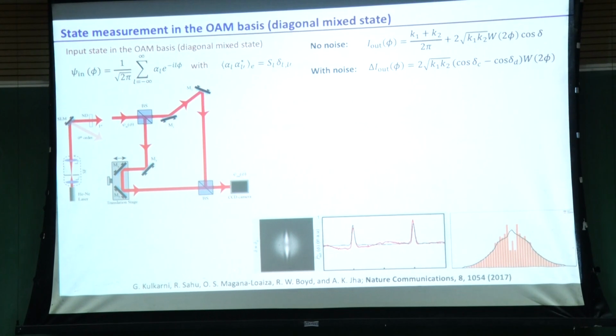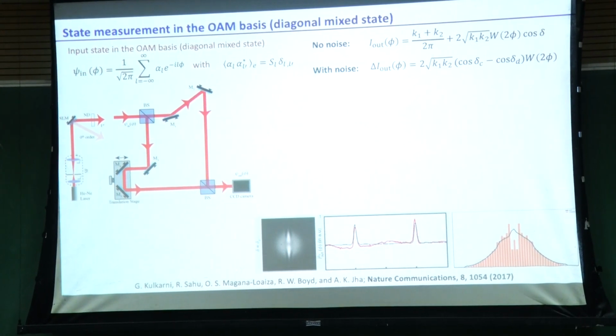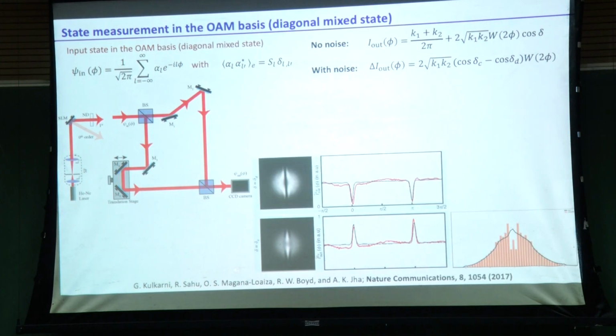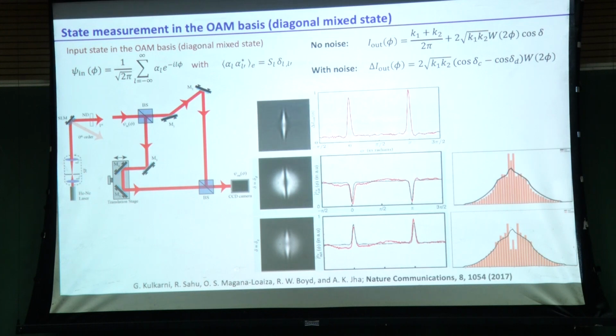This definitely is not what we wanted. If you then do the reconstruction by guessing the value of K1, K2, this is the reconstruction you get. You take another shot at delta D, and this is the spectrum you get. It is noisy. That's the reconstruction. You take the difference, and that's the difference you have. Of course, this is less noisy than the other one, and now the reconstruction is much better.